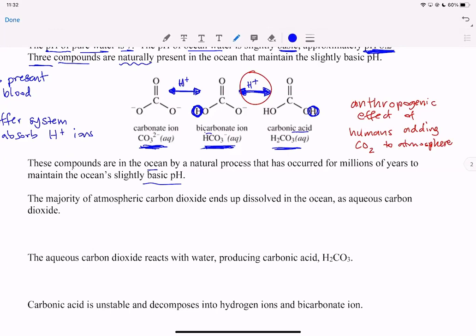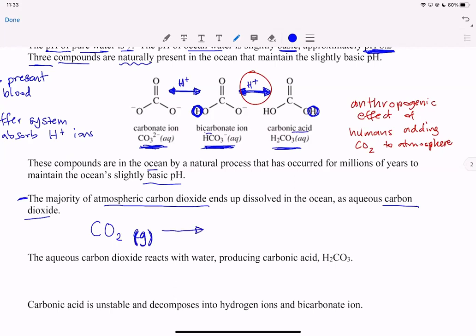It's through this series of reactions that we're going to follow as word equations. Each of these you'll see is a word equation that I'm going to write as a balanced equation. This starts with the majority of that atmospheric carbon dioxide ending up dissolved in the ocean as aqueous carbon dioxide. Carbon dioxide, CO2, is a gas, so that's g.